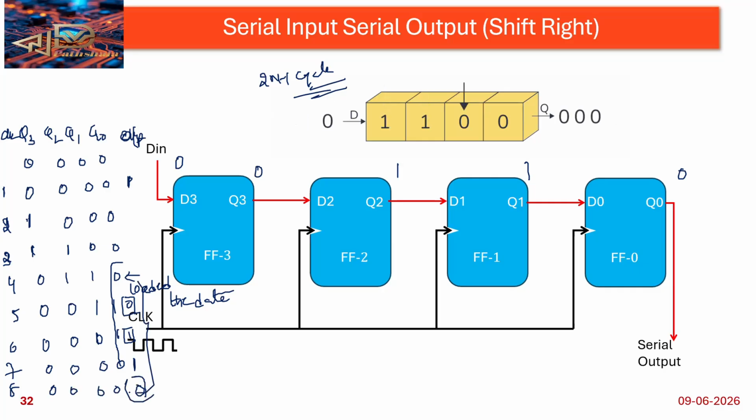Whatever data I have will come out from this serial input serial output register. Based on the states of the outputs Q3, Q2, Q1, Q0, we decide whether the output has come out fully from the registers or not.